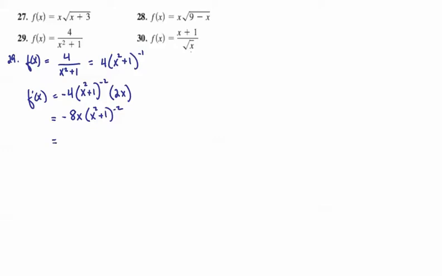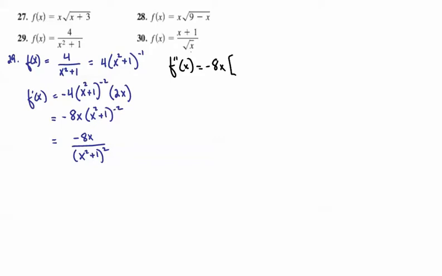We can rewrite this as negative 8x over (x squared plus 1) squared, and either choose to do this as a quotient rule or as a product rule. And I think I'm going to leave it as a product rule, and we'll just start that over on the side. So the second derivative would be 1 times negative 8x, d2.